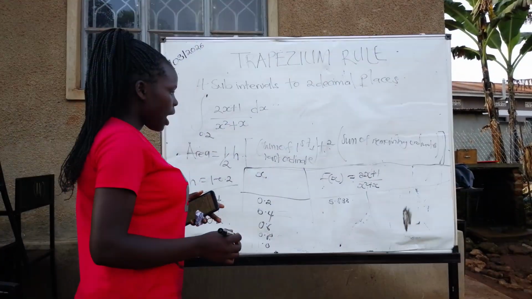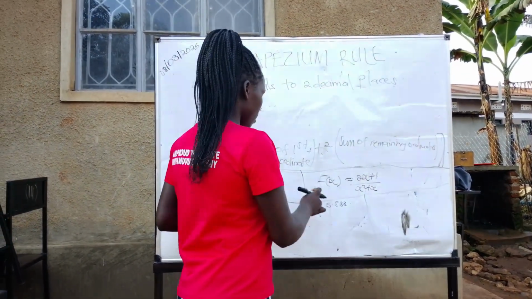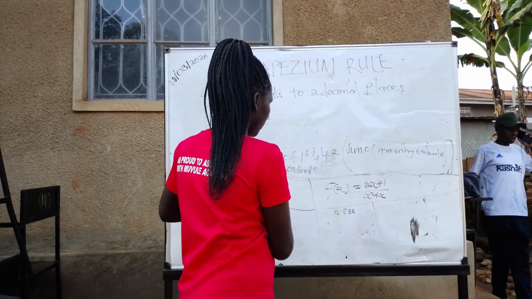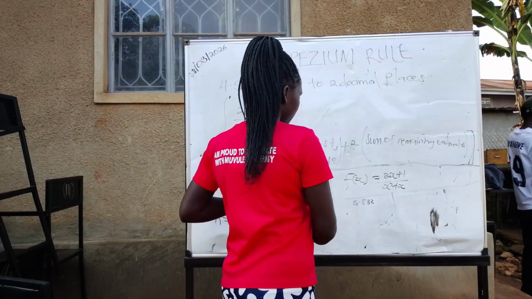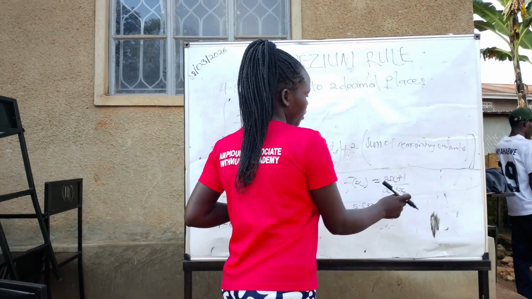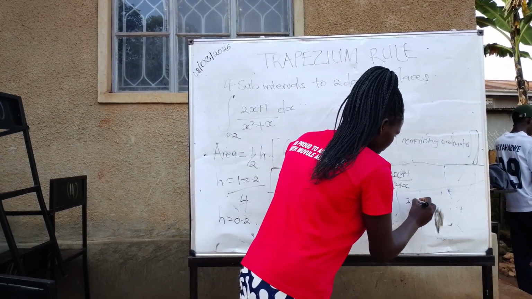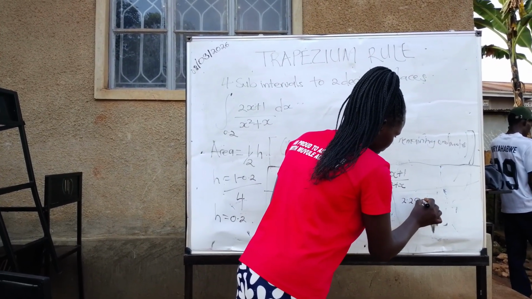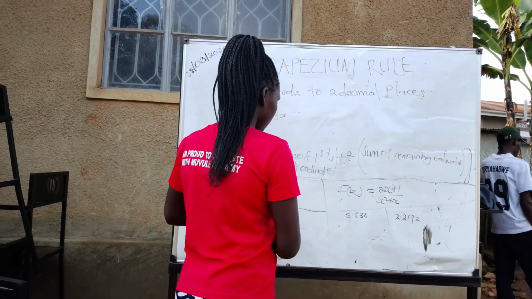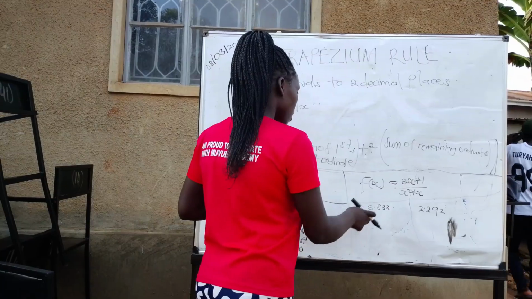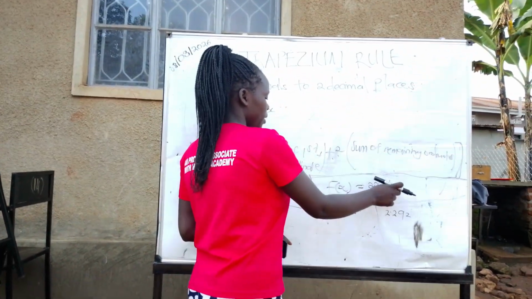Our second value of f of x equals (2 times 0.4 plus 1) over (0.4 squared plus 0.4), which is 3.214. The third one is (2 times 0.6 plus 1) over (0.6 squared plus 0.6), which is 2.292.